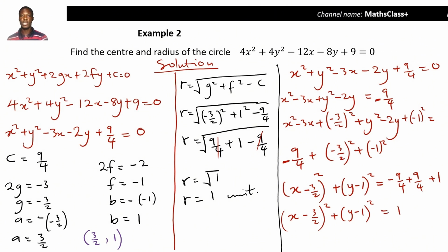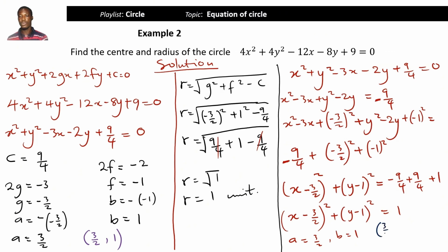And this one, comparing with the general formula, we see that a will be equal to 3 over 2. B will be equal to 1. And then our r squared is also equal to 1. So the center of the circle is 3 over 2, 1. And then the radius is 1 unit.